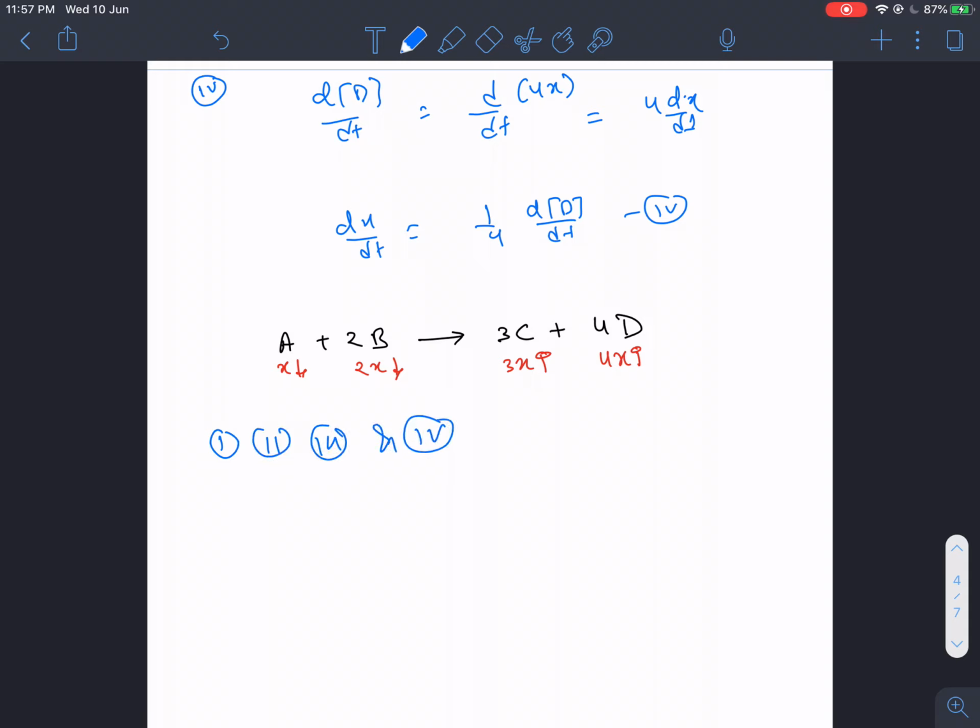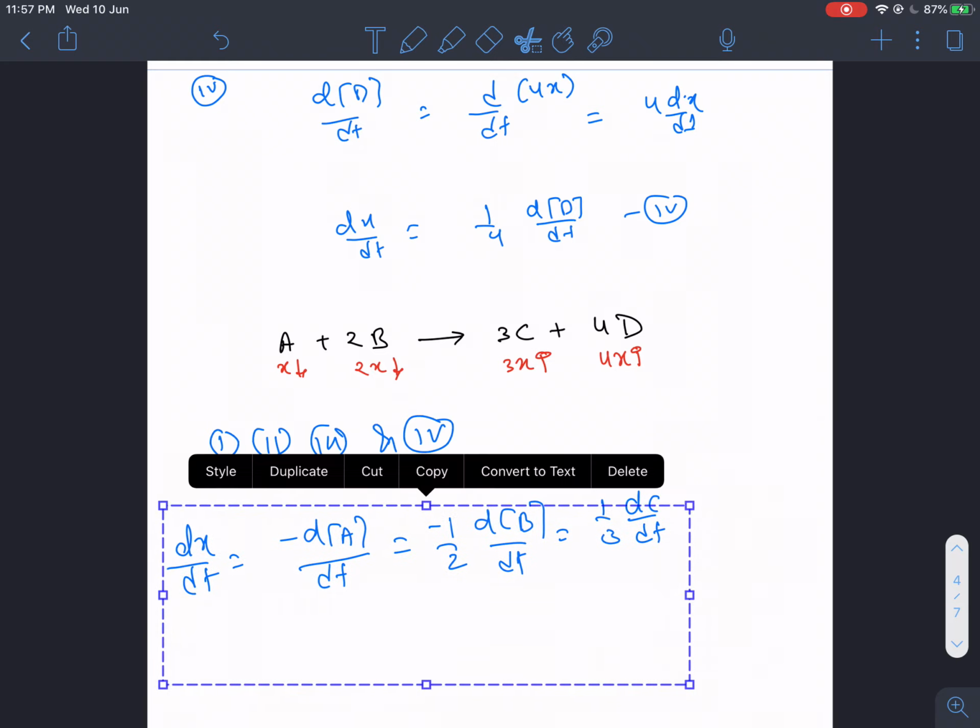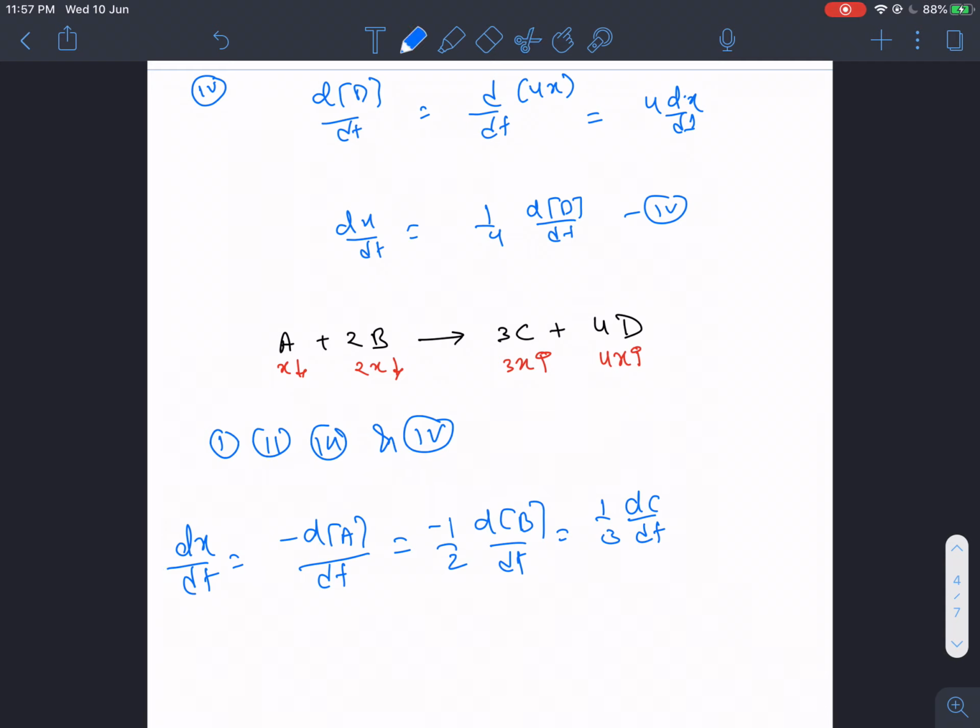We have seen that dx by dt is equal to minus dA by dt, and that is equal to 1 by 2 dB by dt, and that is equal to 1 by 3 dC by dt, and that is equal to 1 by 4 dD by dt.